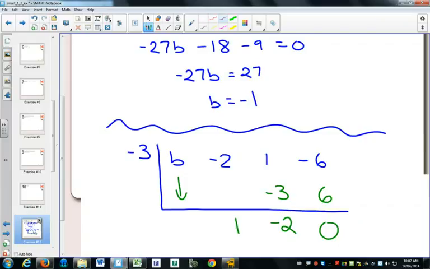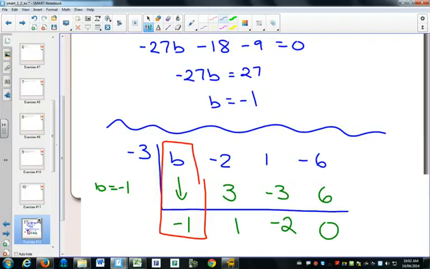Then here you would have a 3. And in order to get a 3 here you would have to have a negative 1. And you find out that b has to be negative 1. So that's another way to do it.